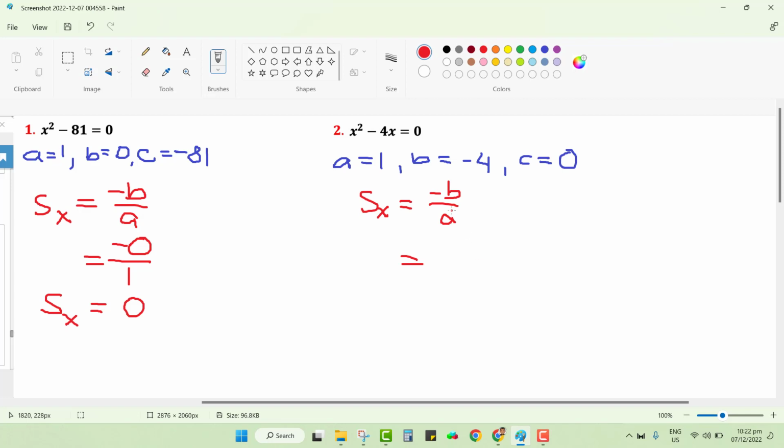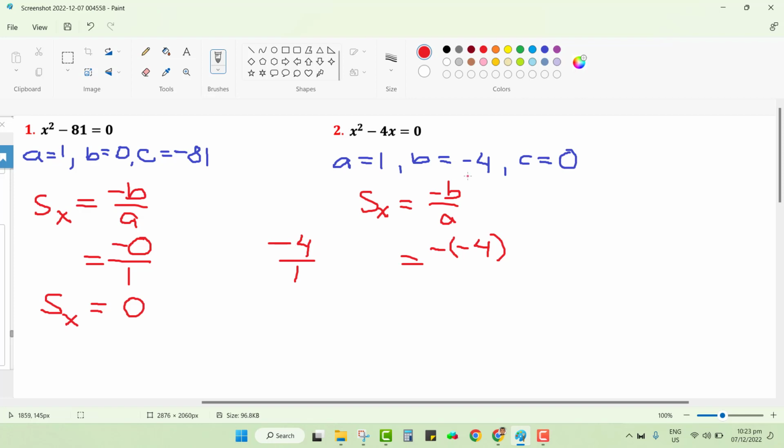Take note that the formula is negative b, so you'll have negative and whatever would be the value of b, and since our b is negative, please enclose it in parentheses. It's incorrect to say negative 4 over 1 because this means that your b coefficient is positive 4, as the formula already indicates the negative sign.